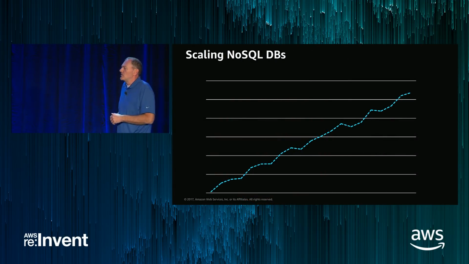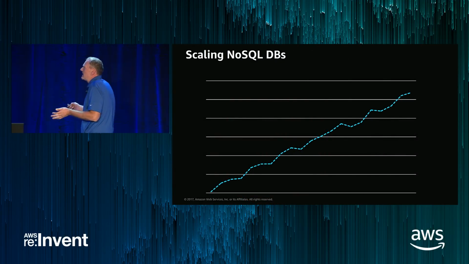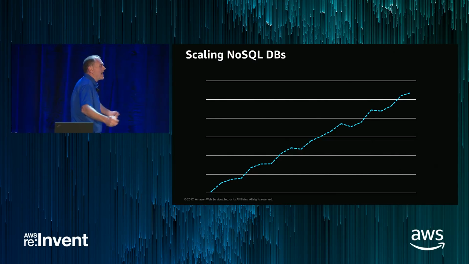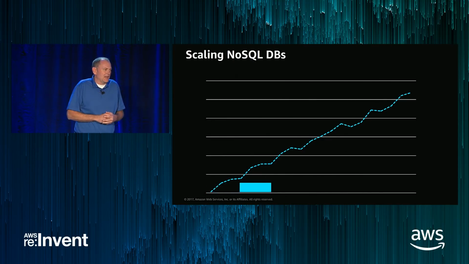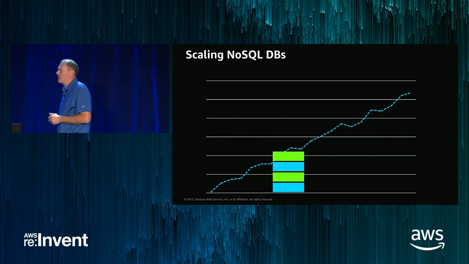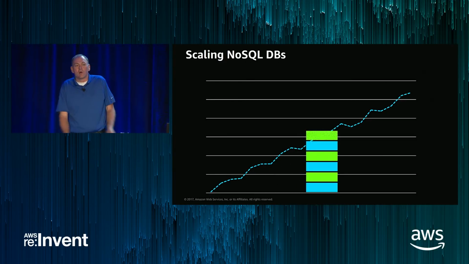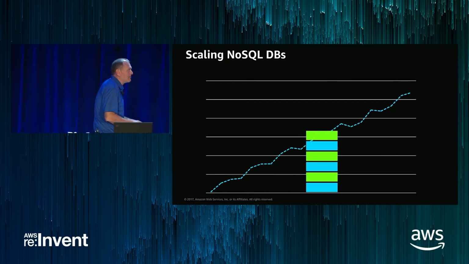So when you scale a NoSQL database, it's about adding capacity incrementally. It's not about having to get a bigger box, right? You make a bigger array of instances. So you start off with one instance, you add some more capacity by adding another instance. You add additional capacity by adding more instances, but as I do this, I am not throwing away the old boxes. I'm expanding by adding additional boxes.